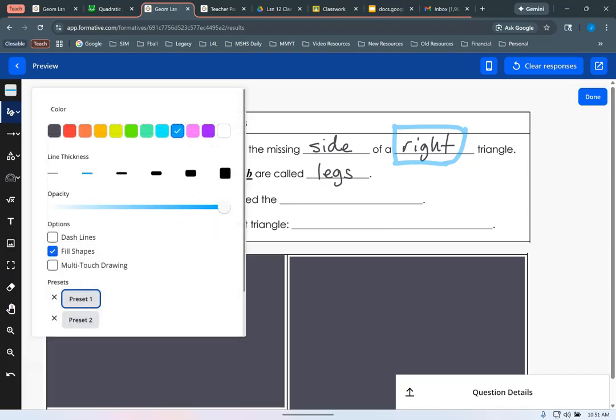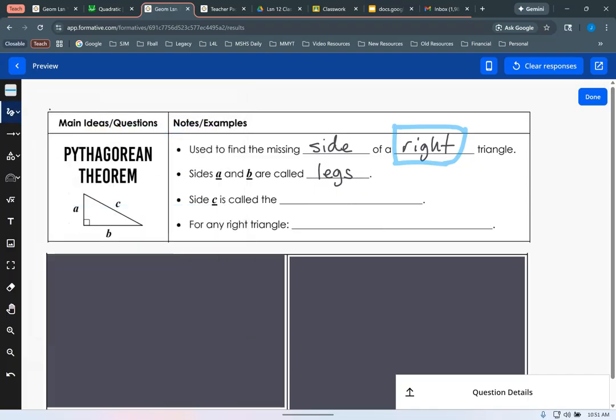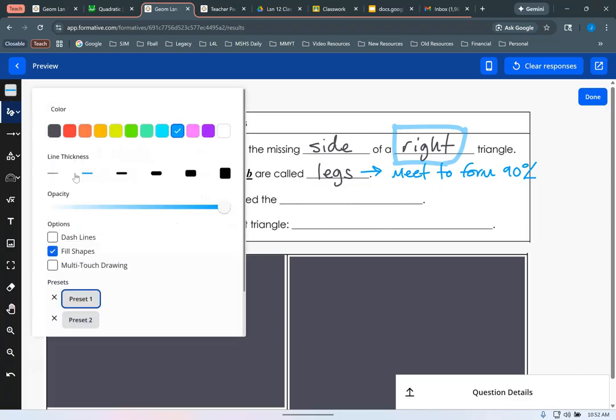And so what's important to understand about the legs of the triangle is that these meet to form the 90-degree angle. So the legs are the two sides of the triangle that meet to form the 90-degree angle. Okay, so A and B here meet to make the 90-degree angle, and so we call those the legs of the triangle.